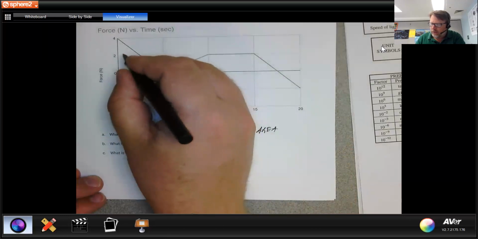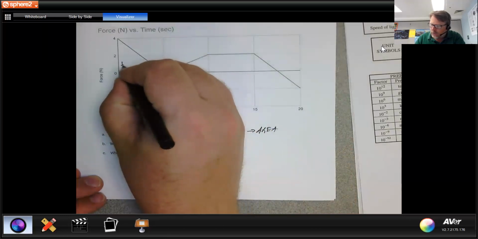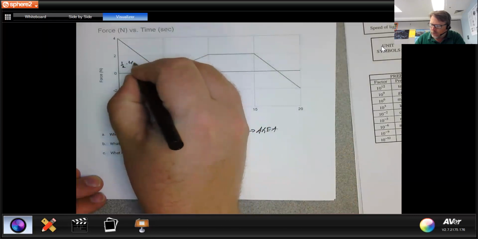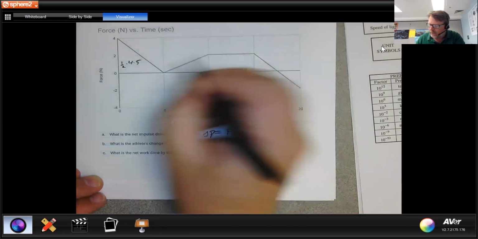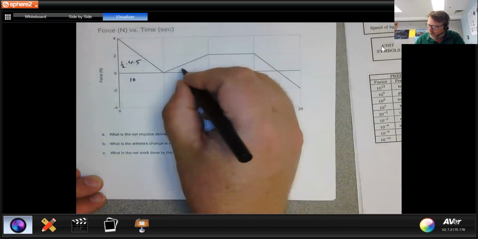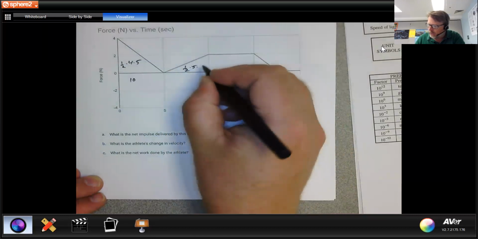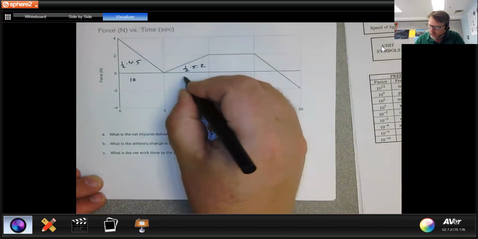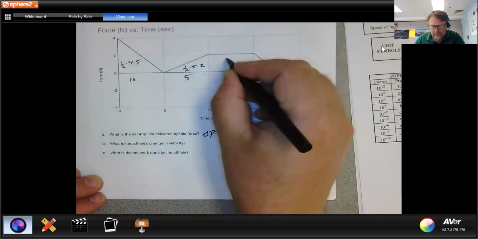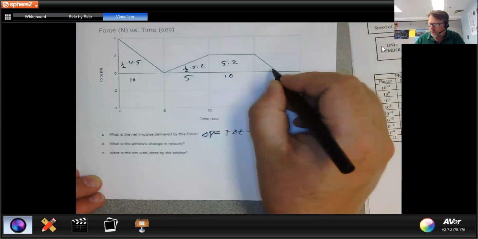Triangles, of course, are 1/2 base times height. So I'm going to do 1/2 times 4 times 5. That's going to give me 10. 1/2, my base is 5, my height is 2. This is going to give me another 5. Here's a rectangle, 5 times 2, 10.